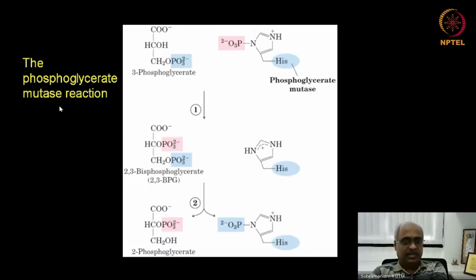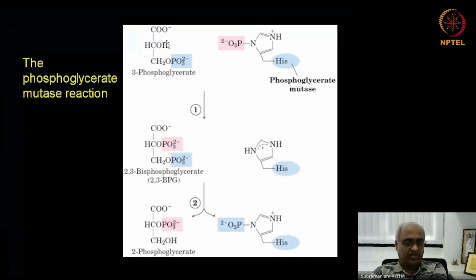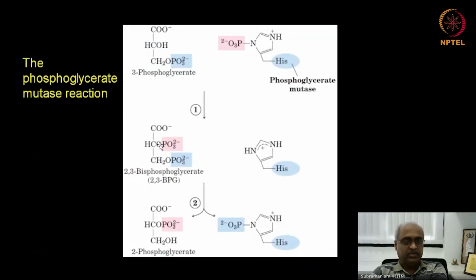So the enzyme active site works in this manner. The first thing is actually a phosphoester bond with the second carbon, with an enzyme that is already phosphorylated. This histidine imidazole side chain is phosphorylated. That donates the phosphate group, making the 2,3-bisphosphoglycerate.